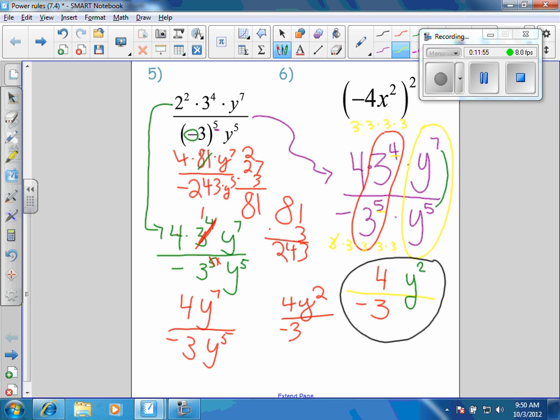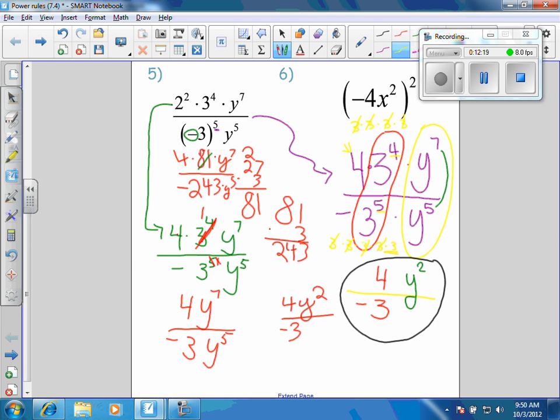So this one cancels with this one cancels with this one cancels with this one cancels with this, and you're left with 1 in the denominator. So the 3's in the denominator, and this 4 stays in the numerator. Okay? Thanks. That was a hard problem.